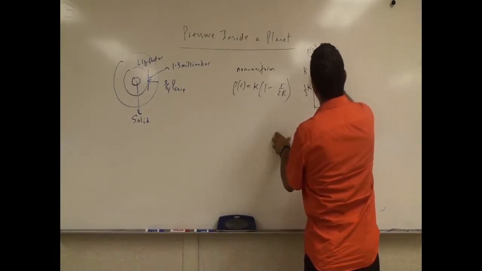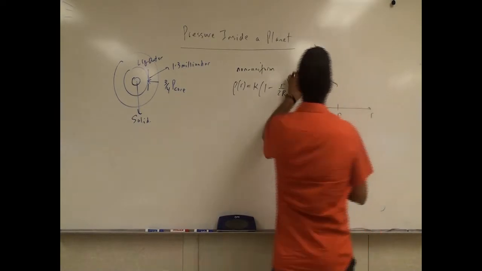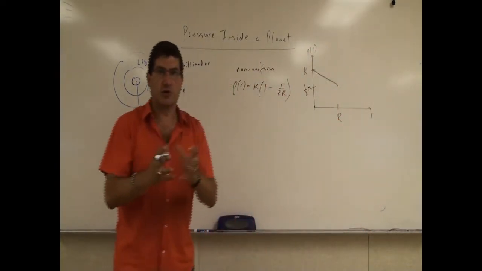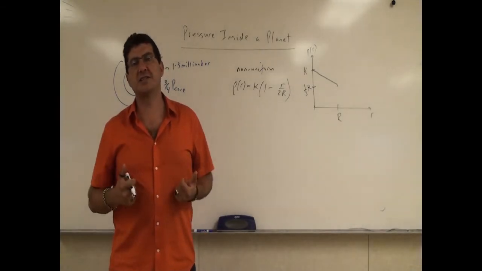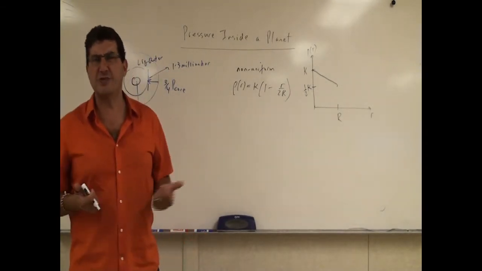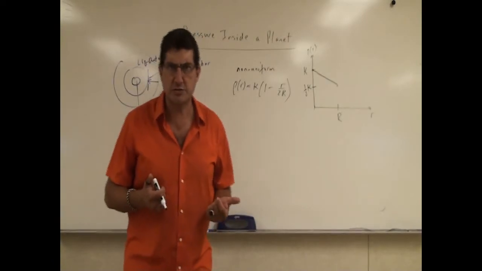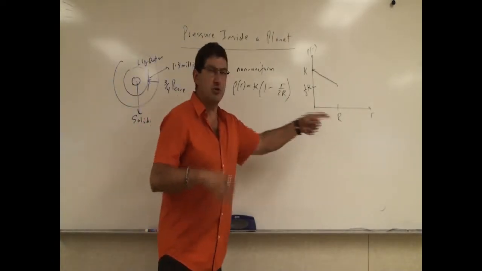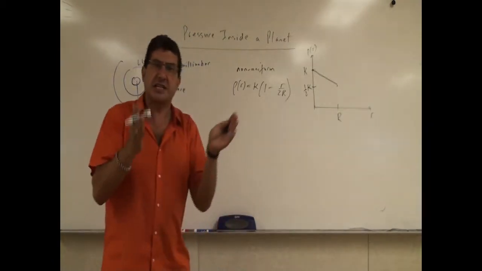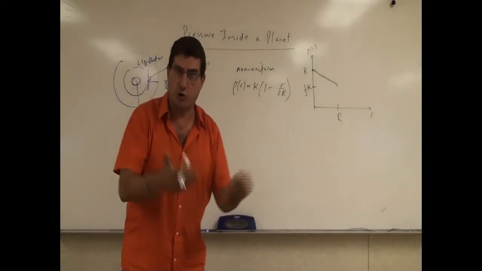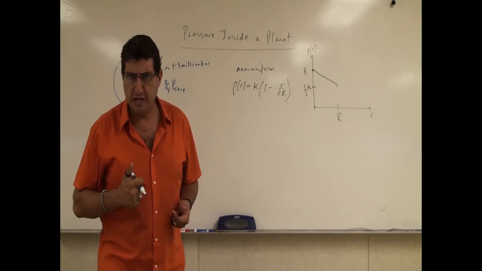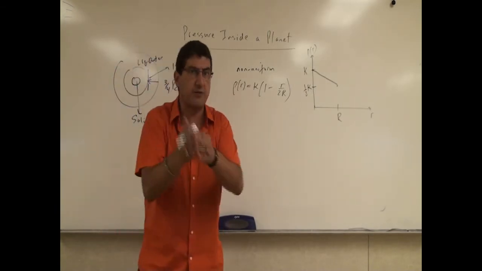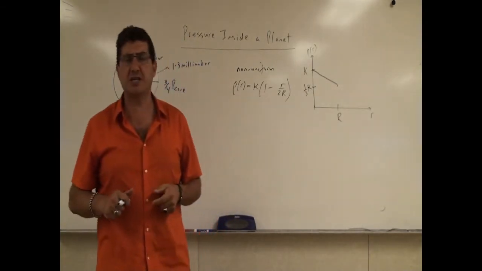Okay? So it's a linearly decreasing density, meaning whatever the density of the core of the Earth, let's say the core of the Earth is made of iron, and the density of iron is about 9 grams per cubic centimeter, right? And then by the time you get to the surface, the density is half of the density of the core, so 4.5 grams per cubic centimeter.